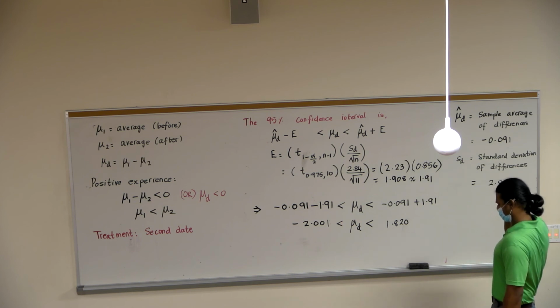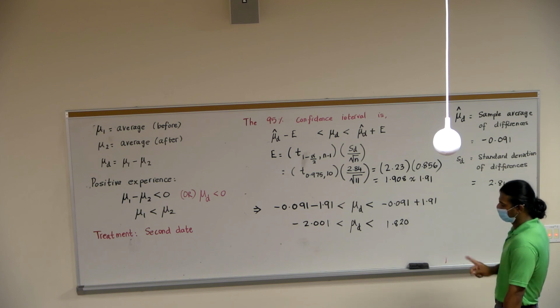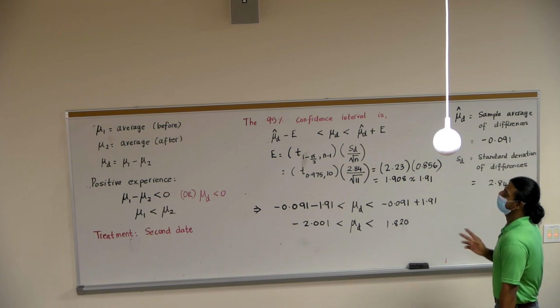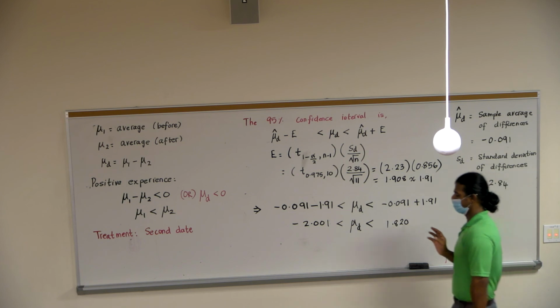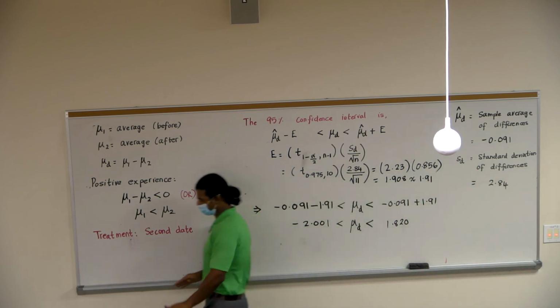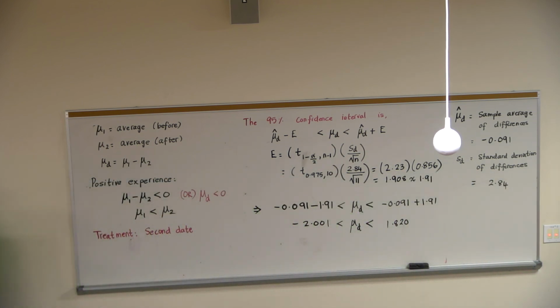So we concluded that we don't have sufficient evidence to say that the difference is less than 0. Look at the interval. Can we arrive at the same conclusion? Yes.